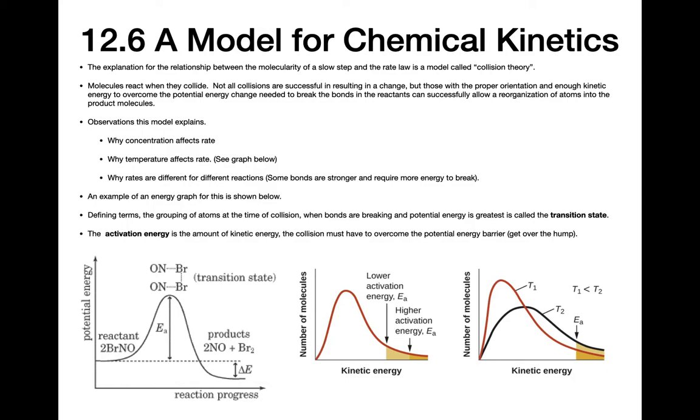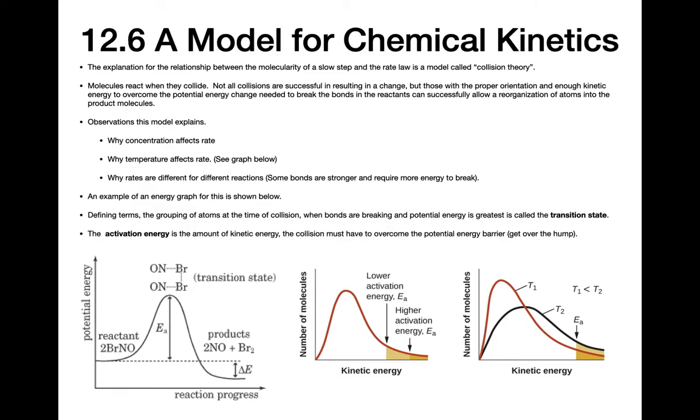The point where the bonds are breaking during the collision is actually the point of highest potential energy. On the graph, the highest potential energy point is called the transition state. Some people call it the activated complex because it has enough activation energy to get over the hump.